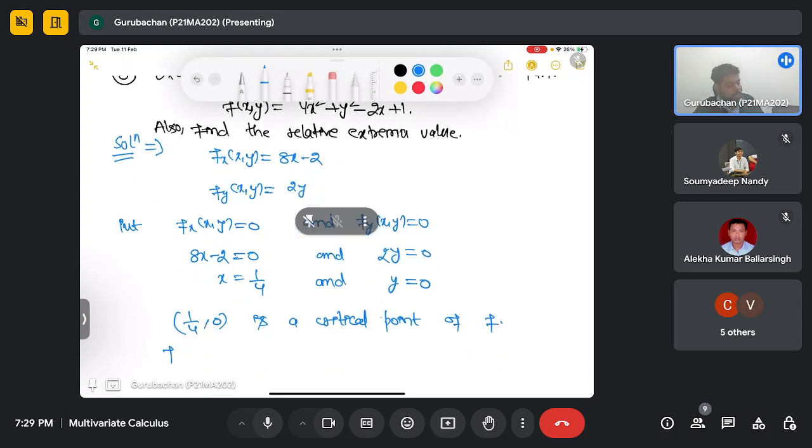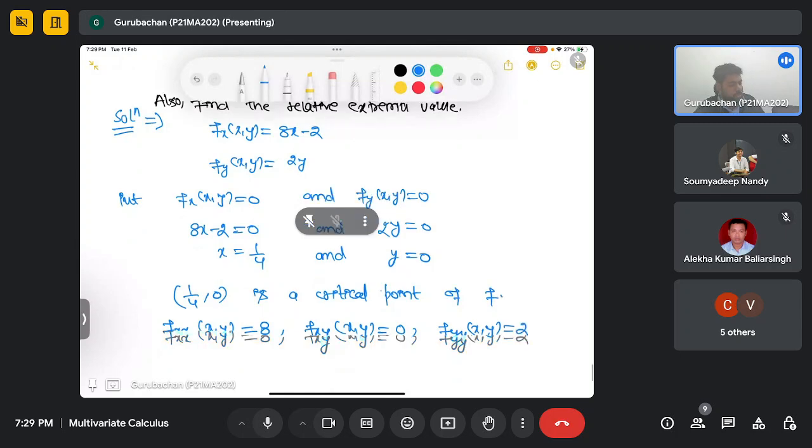Now in order to decide whether this is a relative minima or relative maxima, we need to compute the double derivative. So f_xx is 8. Local minima, sir. Okay, f_xy will be 0, f_yy at (x,y) will be 2.